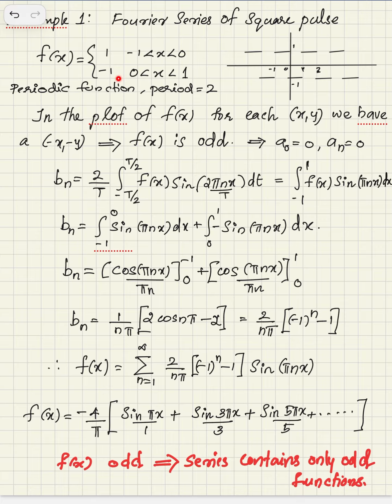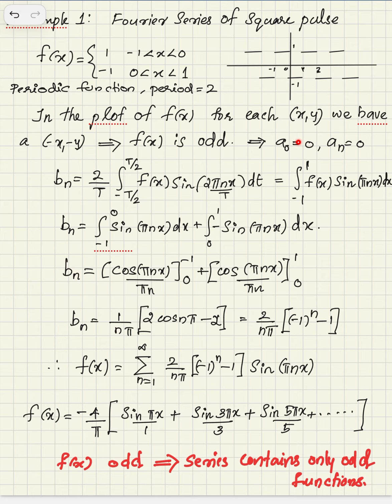Here it is not very trivial to put x as minus x and check the nature of the function. It is easy to look at the graph. In the graph, for each (x, y), if there is a (minus x, minus y), we can say that the function is odd. And here it is true, because if you consider this point, 3 by 2, 1 by 2, there is a point minus 3 by 2, minus 1 by 2. So for each pair (x, y), there will be a (minus x, minus y).